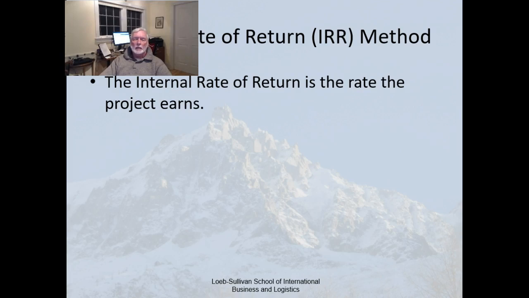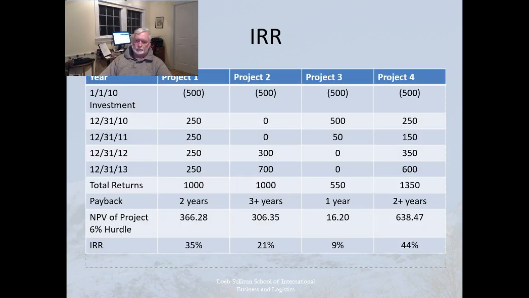And let's look again at the IRR. And the IRR is showing the same investments. And we're showing the rate of return for each investment. So all of them showed positively under NPV because they all returned more than 6%. But now we can look at them and say exactly what they're returning.